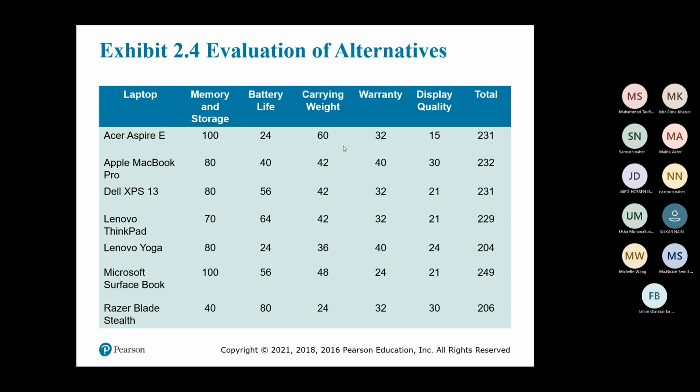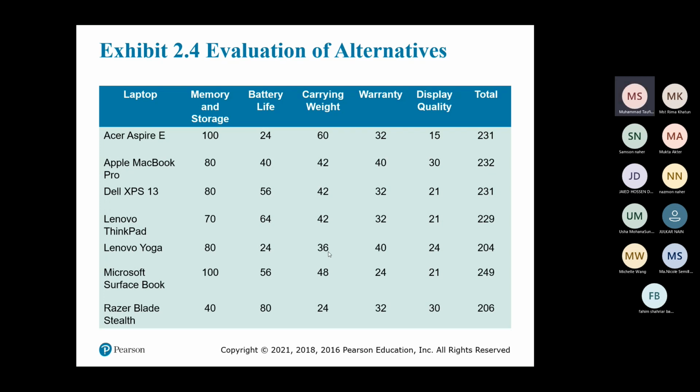So you can already see the totals. From these totals, you look at which one gives you the highest total. When you compare those 7 marks, the highest mark you get is from the Microsoft Surface Book.